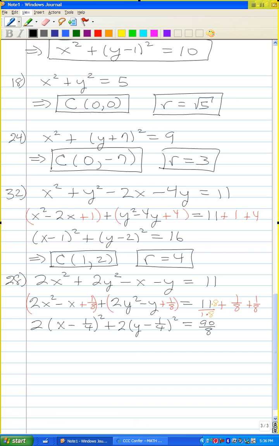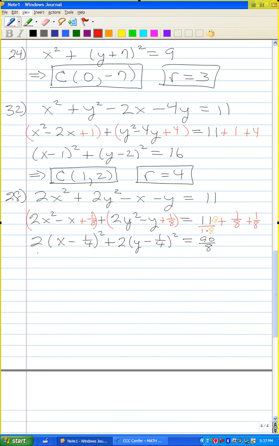Divide both sides of my equation by 2, which is the same as multiplying by a half. And so I get (x minus 1/4) squared plus (y minus 1/4) squared is equal to 90 divided by 2 is 45 over 8.